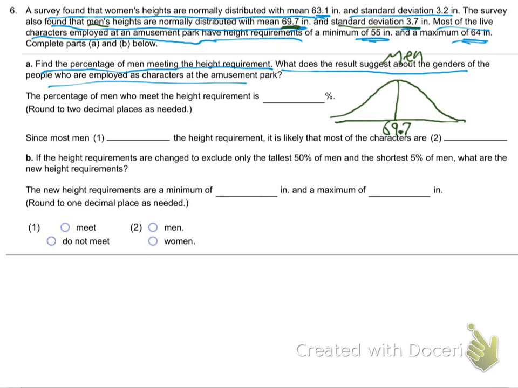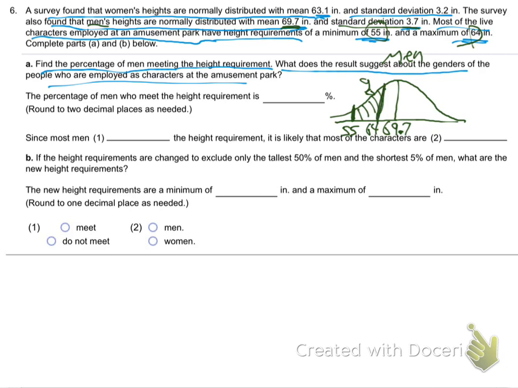Okay, and then they're saying, what are the two numbers? 55 inches and 64. So where are those numbers? 55 is like here, and 64 is like there. And they want to know the percentage between 55 and 64. Do you see that?